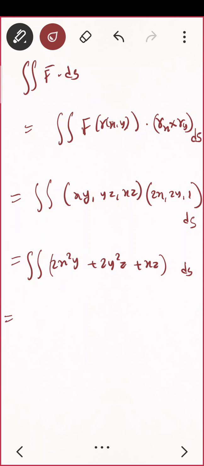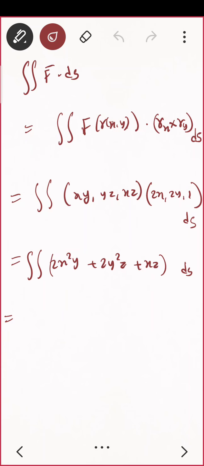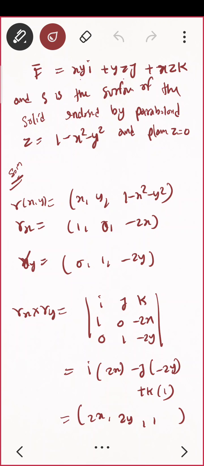Okay. So what should we do now? Do you see, can I take something common, or can we do something here? Oh, I think I made a mistake. Actually, I wrote the wrong function.